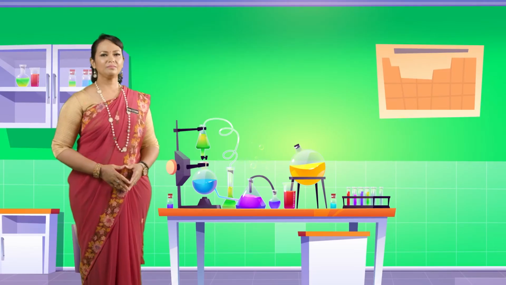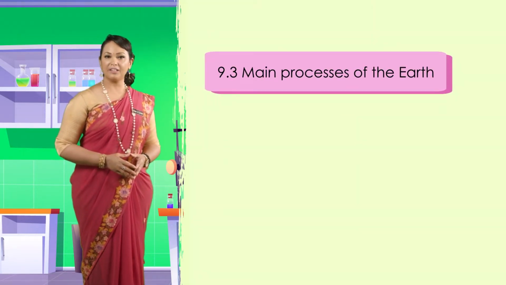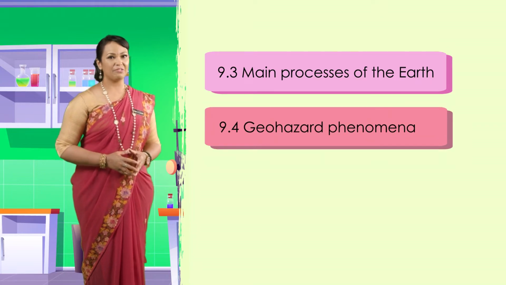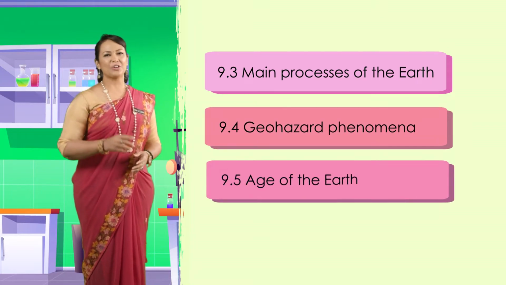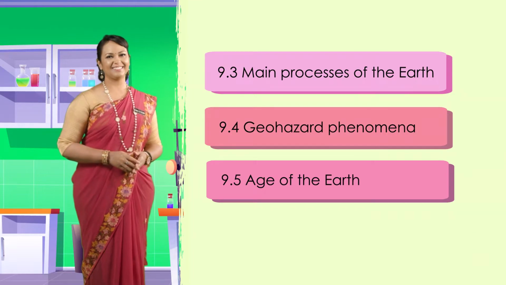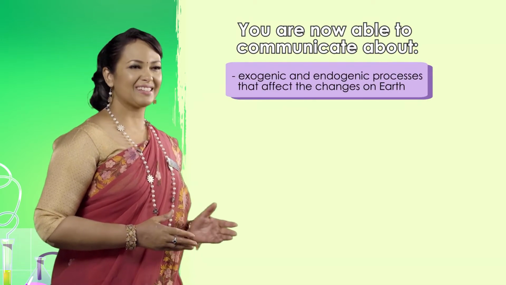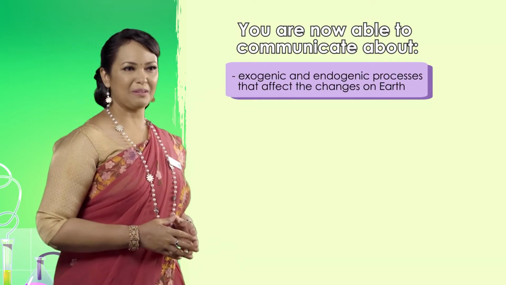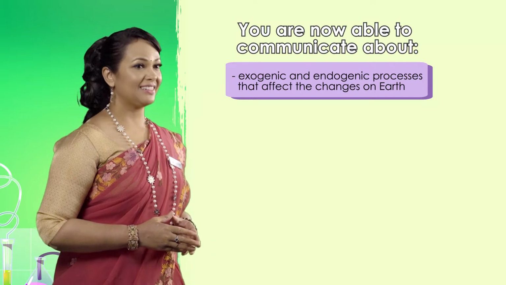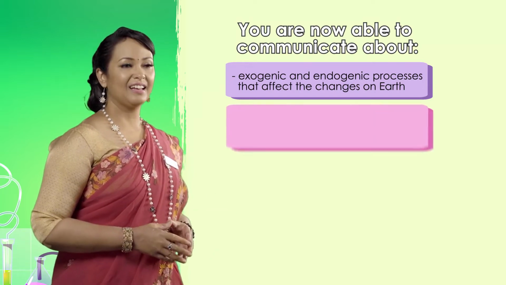Our topic of discussion is Earth. To be more specific, we will be focusing on the main processes of Earth, the geohazard phenomena, and the age of our Earth. By the end of today's lesson, you should be able to communicate about exogenic and endogenic processes that affect the changes on Earth.